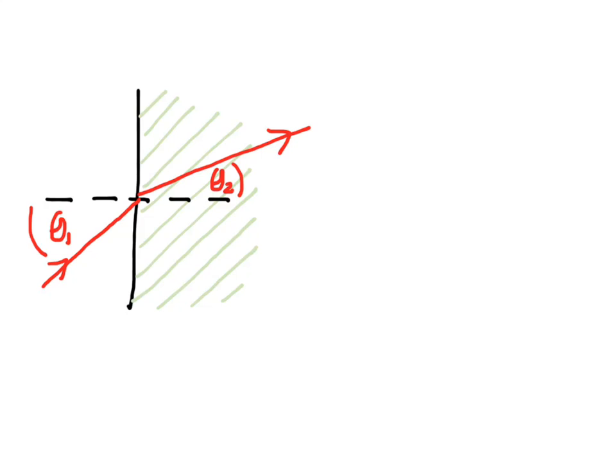The reason for doing this is that light is entirely reversible. So if you started here and shone the light in this direction, it would follow exactly the same path. So it's less confusing if we just label them with 1 and 2. The idea is that θ1 is the angle in material 1 and θ2 is the angle in material 2, and that's easy to remember.